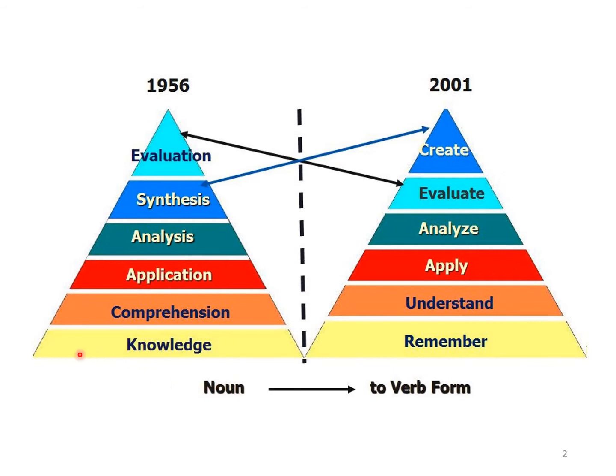Going from lower level of thinking to higher level of thinking. Obviously, before reaching the top, one must be pretty sure that this base is very much clear to the students. And when it was revised in 2001, the terminology was changed to different verbs, like knowledge became remember.